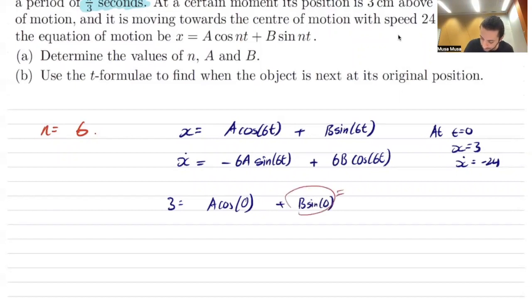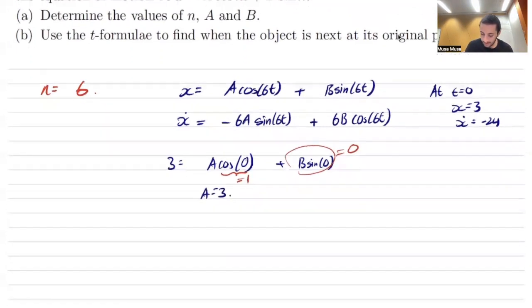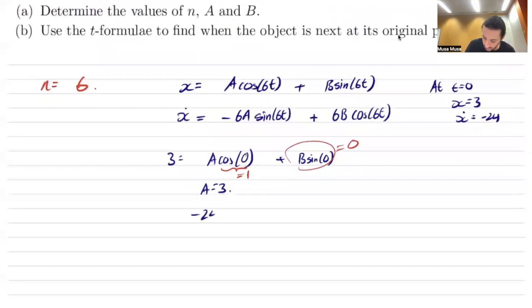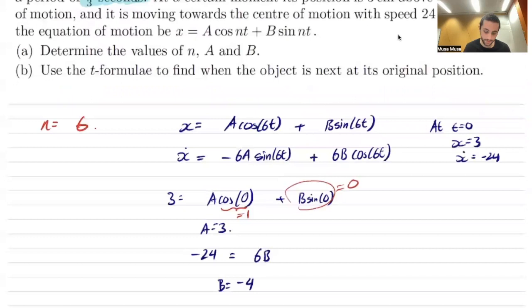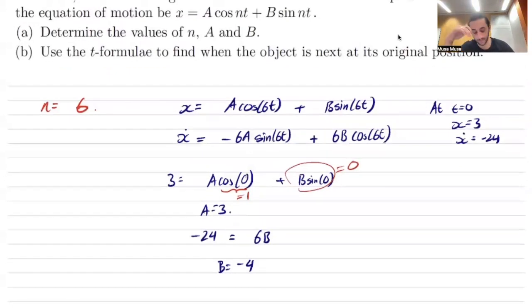So we get a quite easily as just 3. For the second one, negative 24 is going to equal, again, this one's going to go to 0 because it's got a sine of 0, but this one's going to go to just 6b. So dividing by that, we get negative 4. Wow, wow, wow. We found a, n, and b.